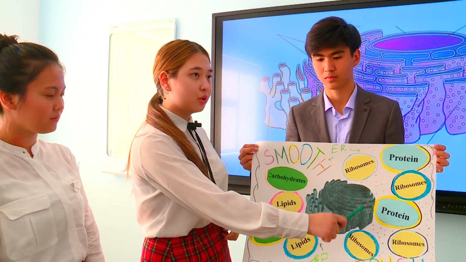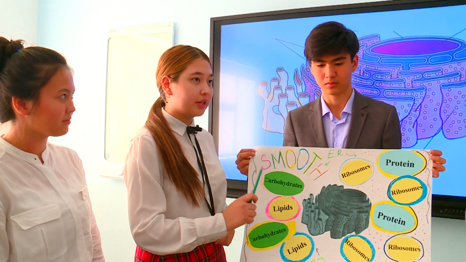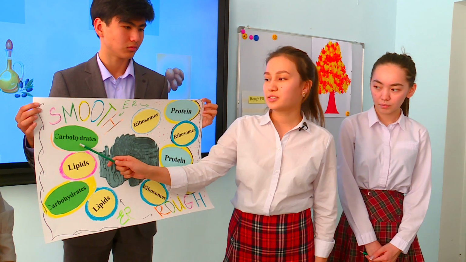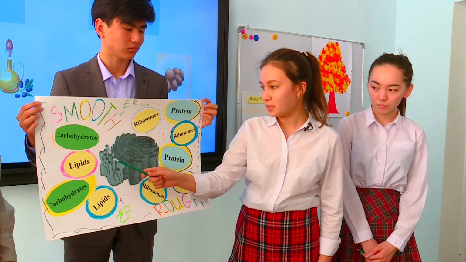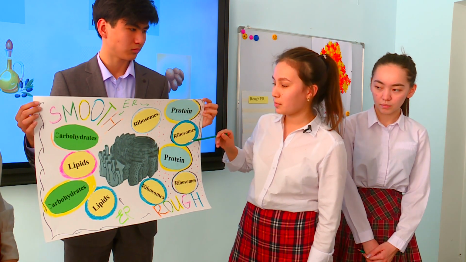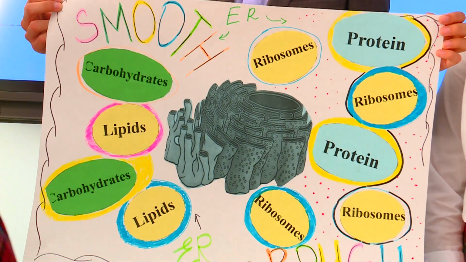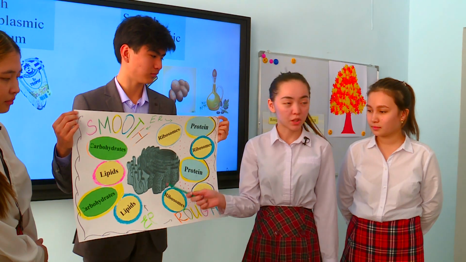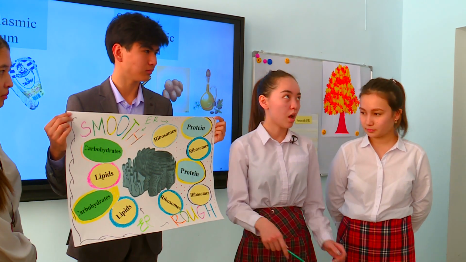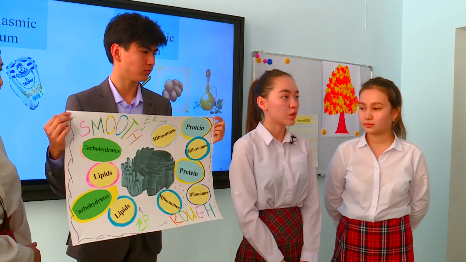There are 2 types of ER, otherwise called granular and smooth, or agranular. Smooth ER synthesizes carbohydrates and lipids, and on the rough ER we have ribosomes that synthesize proteins. ER transports substances; protein molecules are transported through the ER channels to the Golgi apparatus.